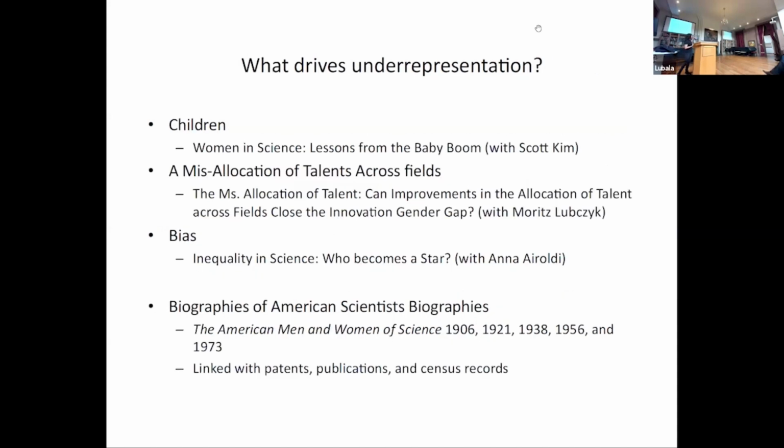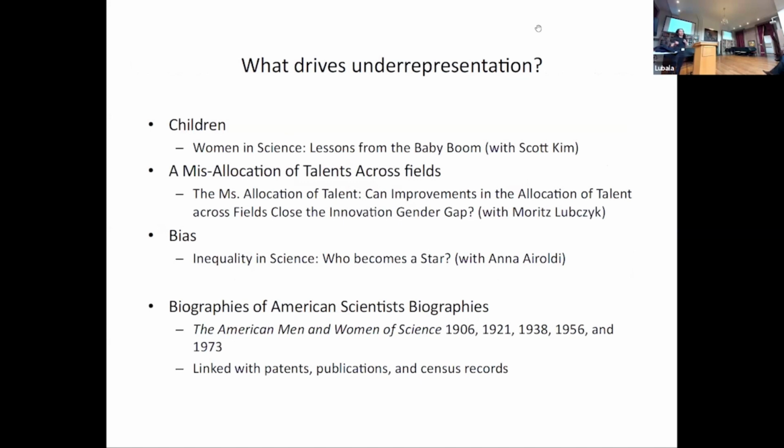I've been working on 3 areas mainly, and the data that I've collected, with support also from this initiative, contributes to all of these 3 projects. We're looking at children, and also at the misallocation of talents across fields.